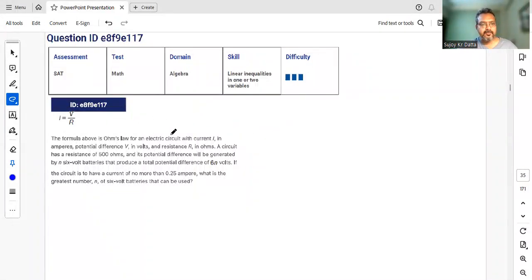The formula above is Ohm's law for electric current I. You don't need to understand Ohm's law, just go along with the definition given. V is the potential difference, R is the resistance, and a circuit has resistance R given as 500. The potential difference V will be generated by N 6-volt batteries that produce a total potential difference of 6N volts.